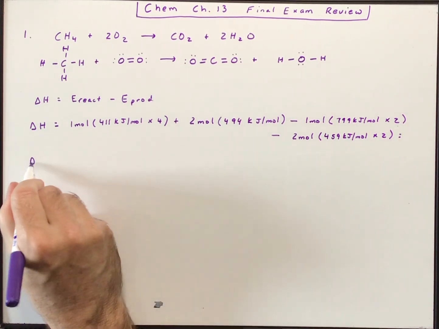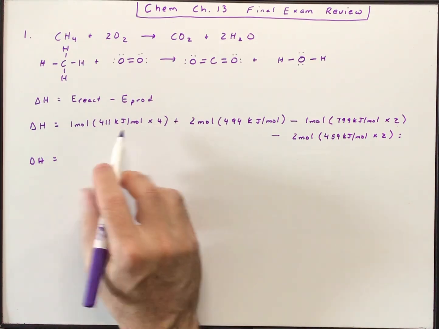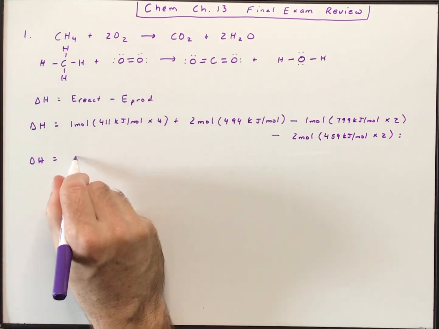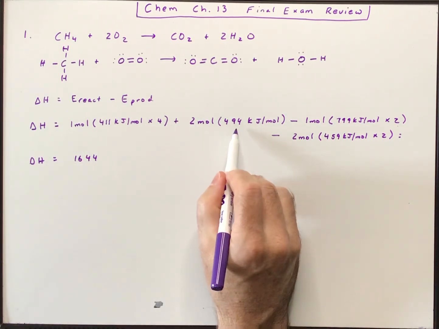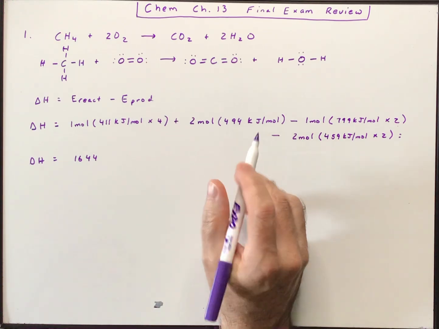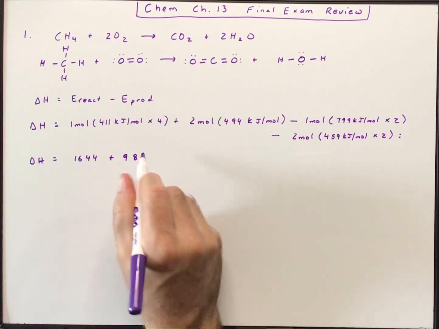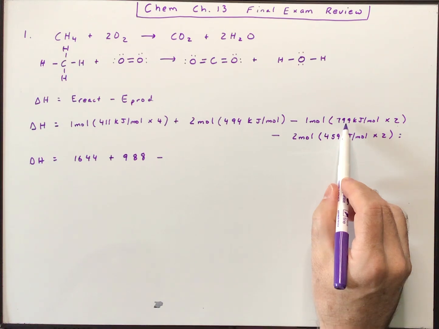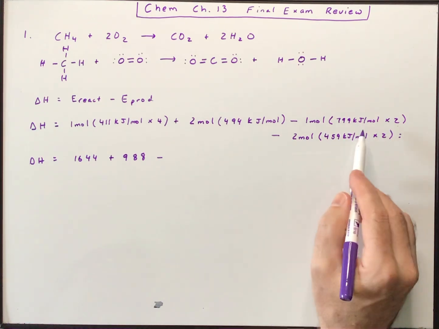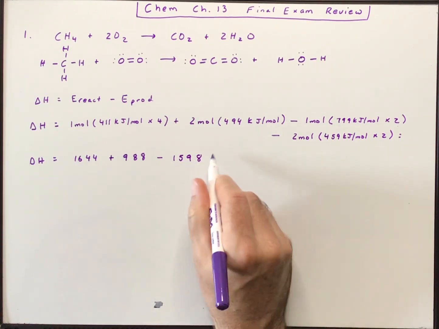Okay, so delta H is going to be 1 times 411 times 4, that'd be 1644, plus 2 times 494, that'd be 988. And then 1 times 799 times 2, that would be 1,598, so minus 1,598.